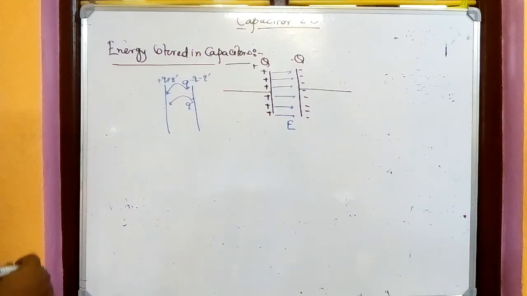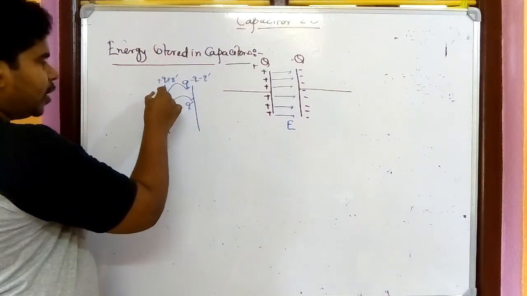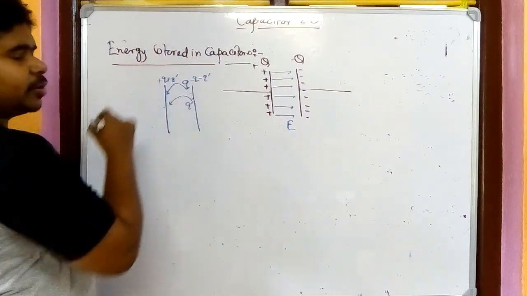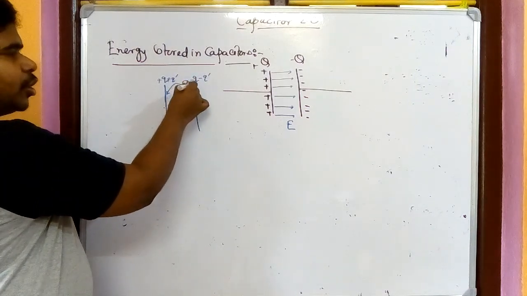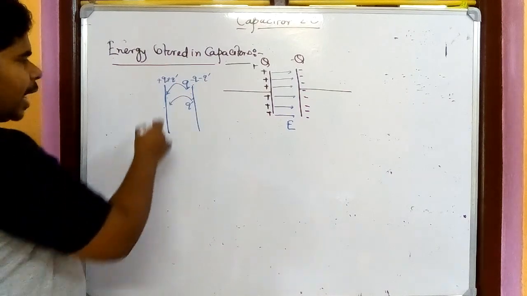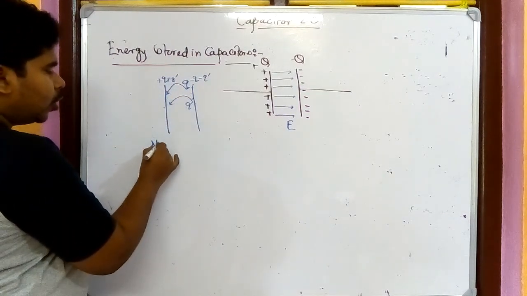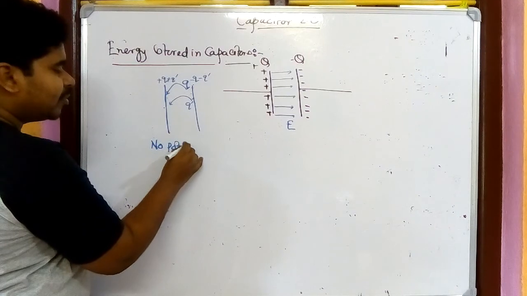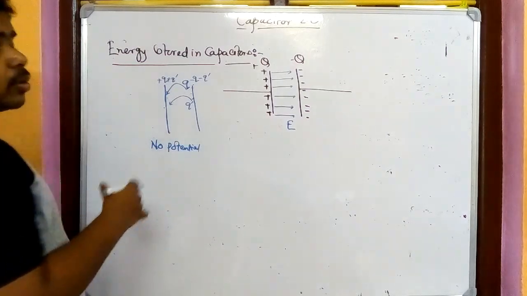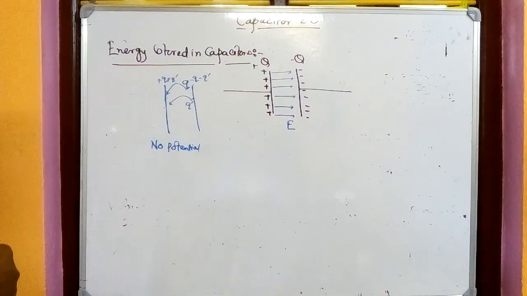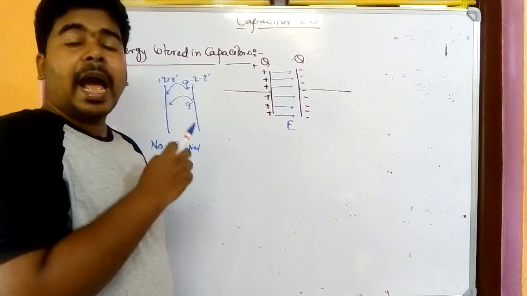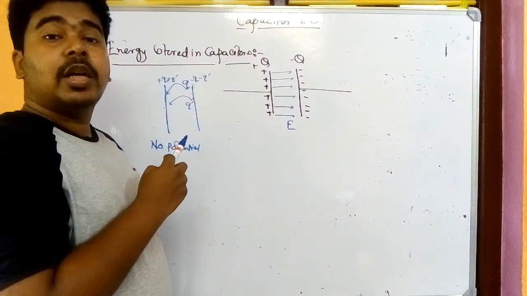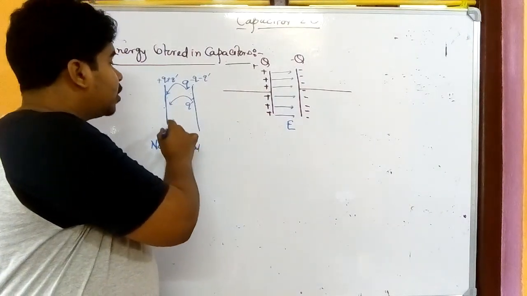What is the problem? Whenever there is no charge on this plate, it is not a problem to take a charge q and put it here, because as there is no charge, there is no potential. As there is no potential, try to understand it, there is no opposing force.